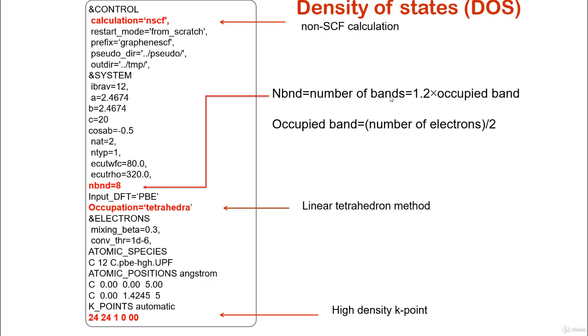Number of bands equals 1.2 multiplied by the occupied bands. Occupied bands equals the number of electrons divided by 2. We can find the number of electrons in the self-consistent field output file. Also, the occupation is changed to tetrahedra, and we use a higher density K point.